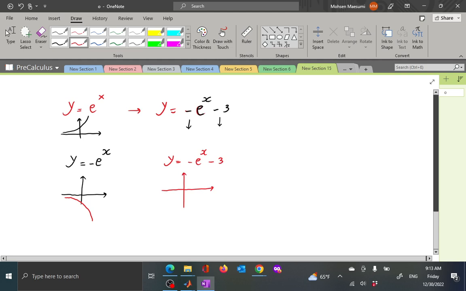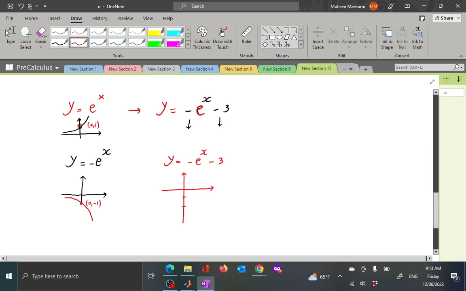There is no handle on it, there's no specific point to pick on, but here is one favorite, easy point to look at. That's the point (0, 1). At 0, this is 1. So when you flip it, of course it has come to 0, minus 1. So you can take that point and drag it down.